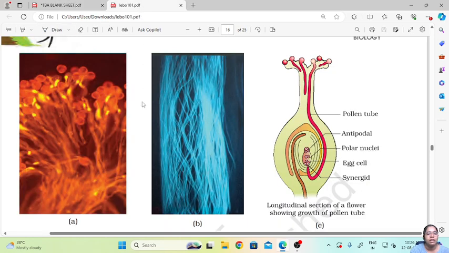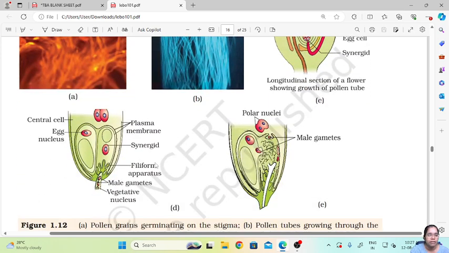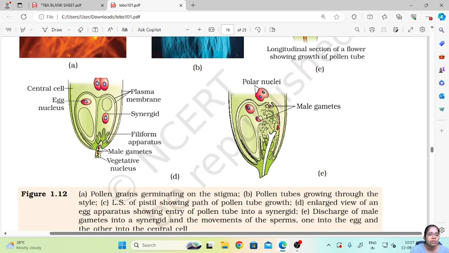So how do these things happen now? So this is how the pollen-pistil interaction happens, that is the pollen grain gets germinated and then it travels down to the ovary into the ovules and into the embryo cell. So after this what will happen is, this is the two male gametes. One gamete will fuse with the egg cell, okay, and one gamete will fuse with the two polar nucleus.